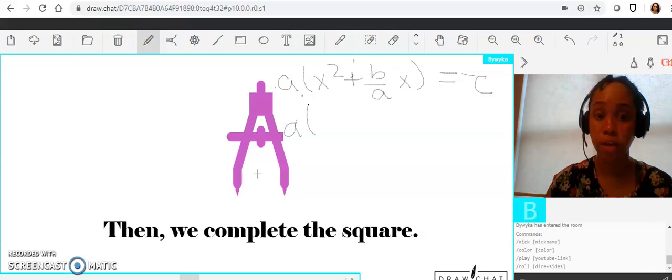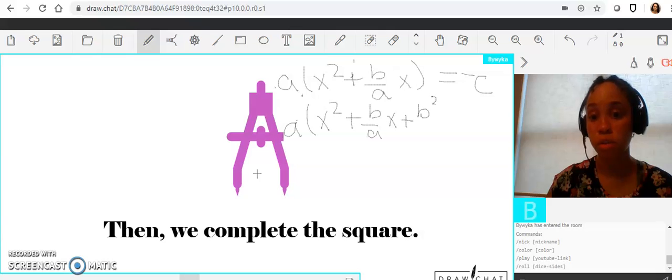So we have a times x squared plus b over a x plus, remember we square this, so it's b squared. That 2 becomes 4, and we have a squared. And remember, whatever we do to one side, we have to do to the other. So I'm going to write it here.